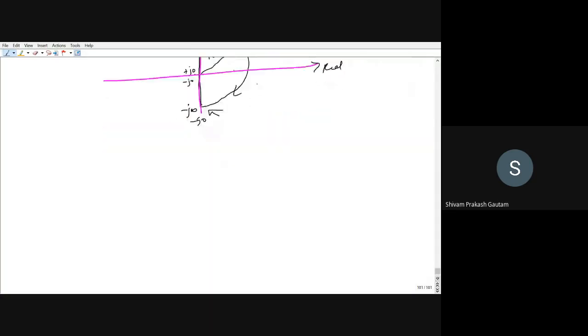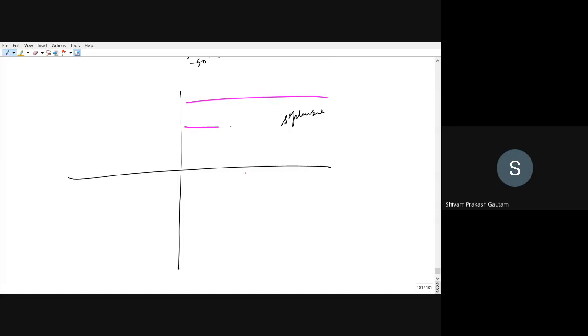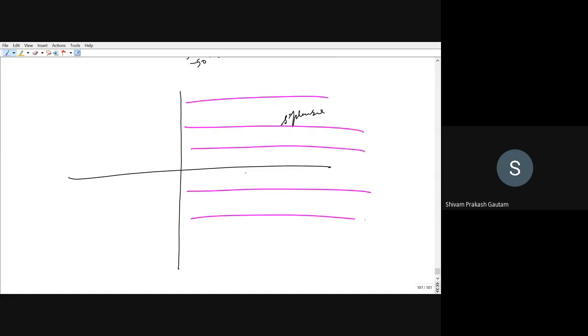Again, for those who have not understood, I will draw the Nyquist contour again. The Nyquist contour is always drawn on the S plane. This is our S plane. We have to include all of the right hand side. How? There is an alternative way.